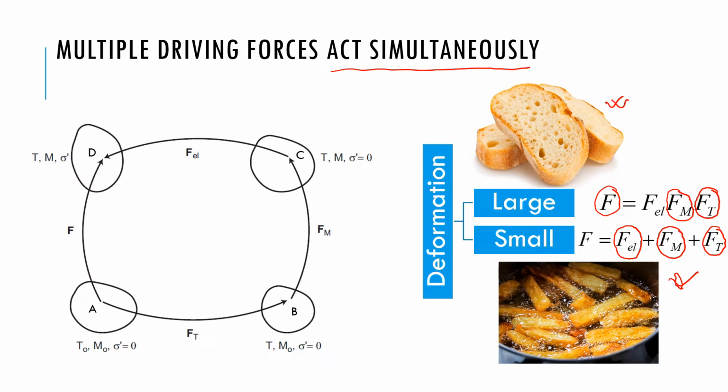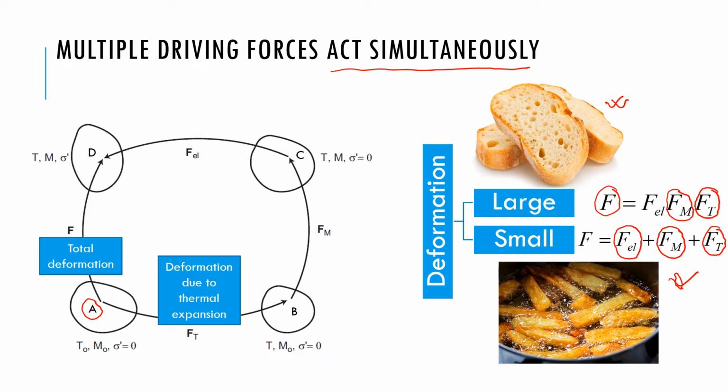So diagrammatically, on the left, we can look at things this way. First, let's say we start from a state of A, and then due to temperature change alone, just due to thermal expansion, it goes to the state B, and so this is totally due to just thermal expansion.